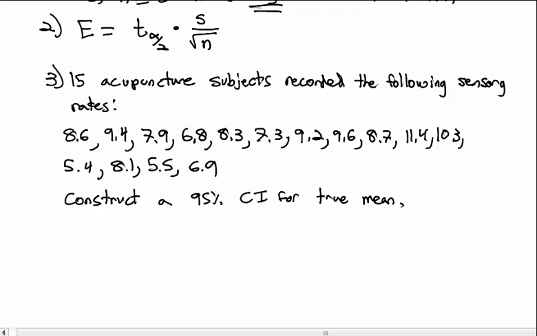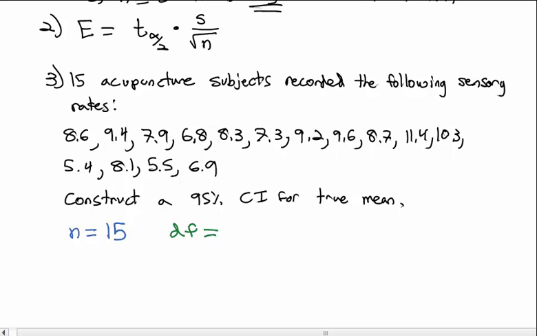Notice in this example we don't know anything about the population. All we know is the sample, and this is much more realistic. Our sample, we know the number of values in the sample. There's 15. We have to know the degrees of freedom. The degrees of freedom for almost everything we see is always one less than the number of data values.